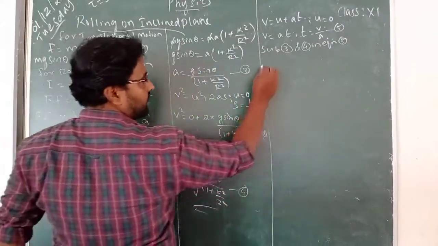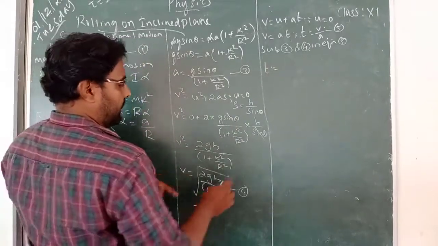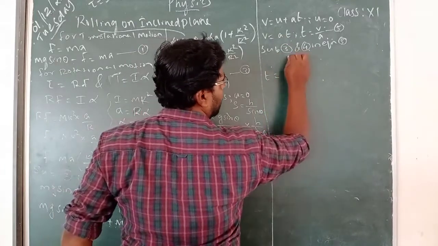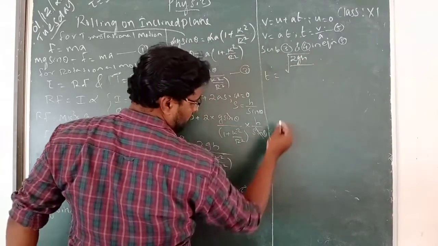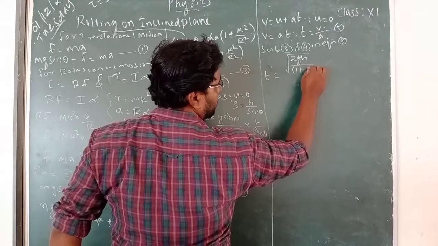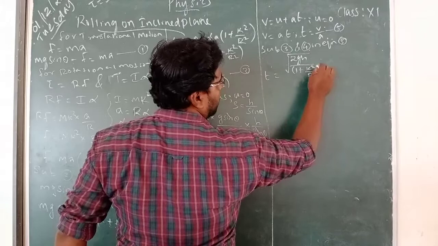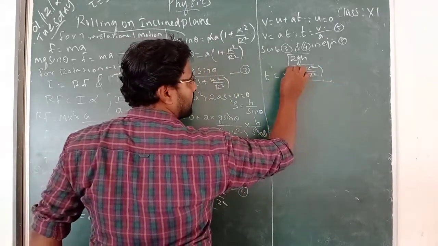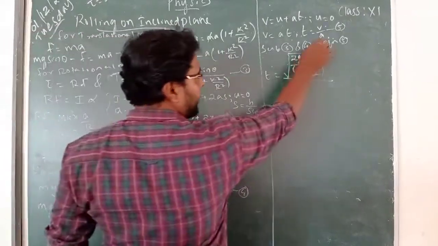Now t is equal to the v value, which is root 2gh by 1 plus k square by r square, divided by the a value.